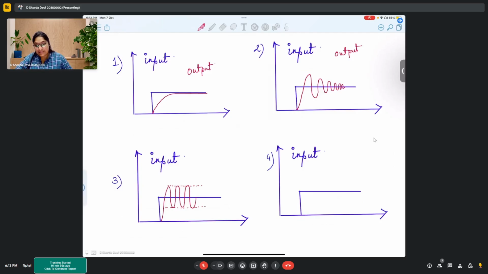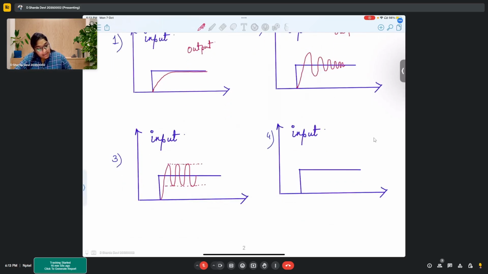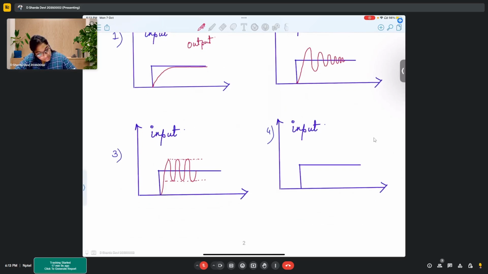Okay, so this is the third condition. And the fourth and last condition is your output slowly increases, goes up, comes down to your input value, but this amplitude starts increasing. So basically, your output is increasing. Okay. So this is the fourth condition.